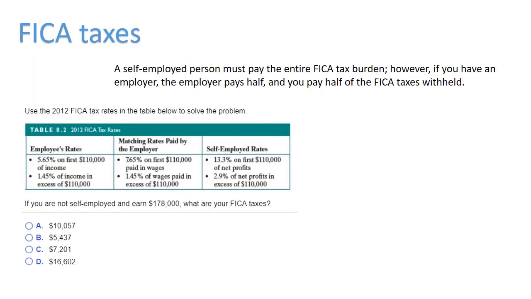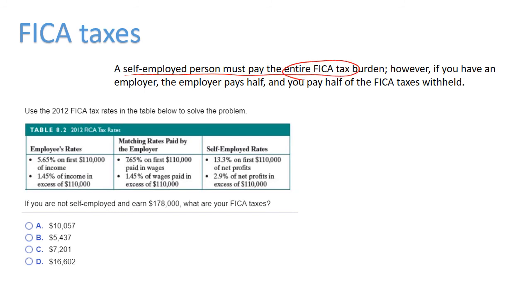Now, let's go ahead and look at FICA taxes. Remember, FICA taxes are taxes that we pay so that when we reach retirement or an older age, we will have some income coming in the form of a Social Security monthly payment, and we will have some type of older health insurance. Now, the interesting thing is a self-employed person must pay the entire FICA tax burden.